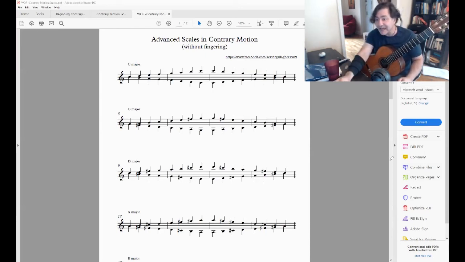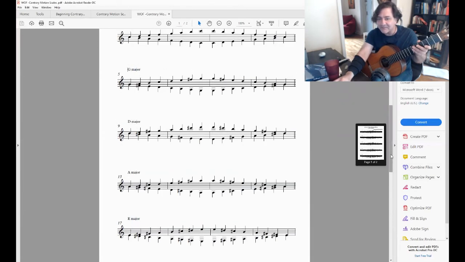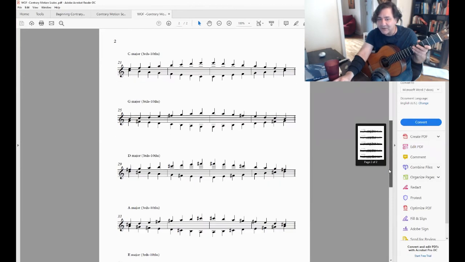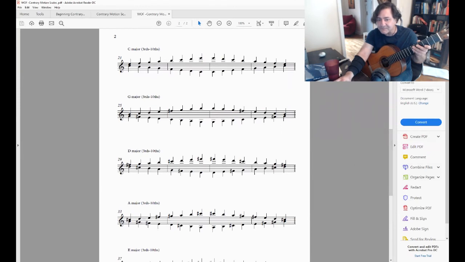But if you can do that, even with mistakes as I've made, even if you just use it as a brain teaser, try to see if you can do it. You'll find that being able to think this way is extremely important. Let's take this D major in thirds, right?